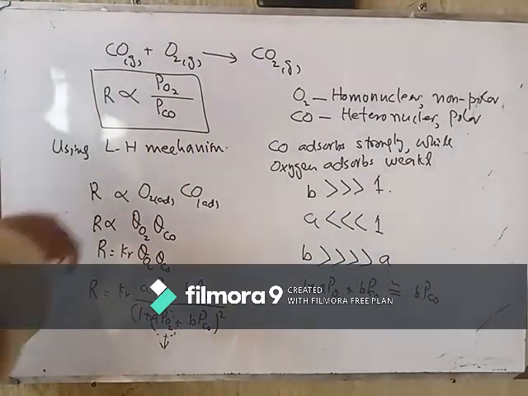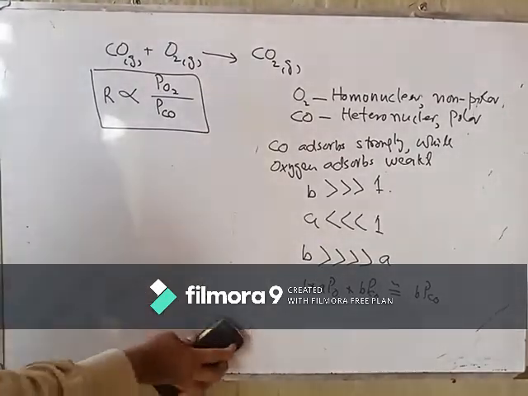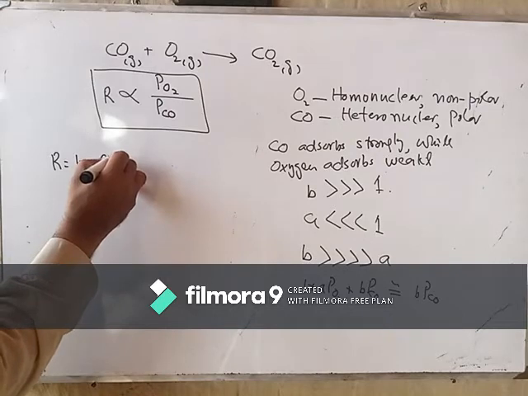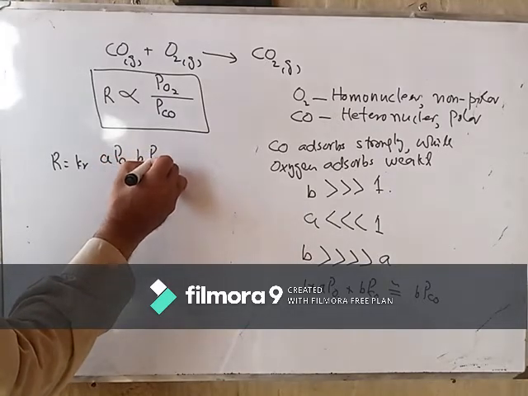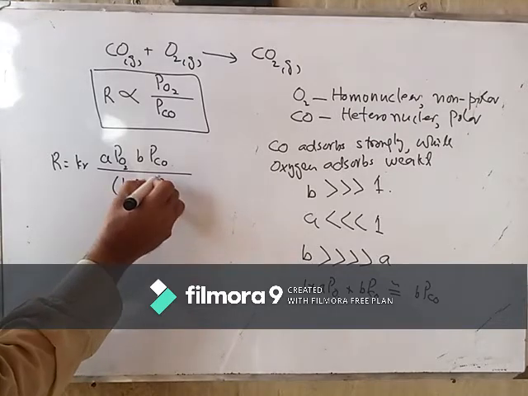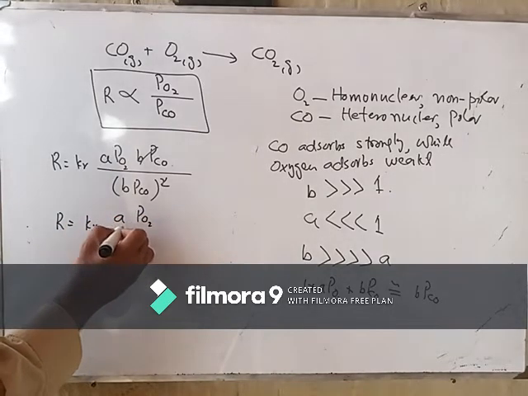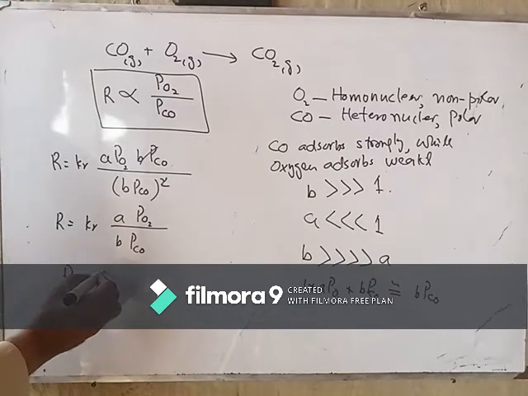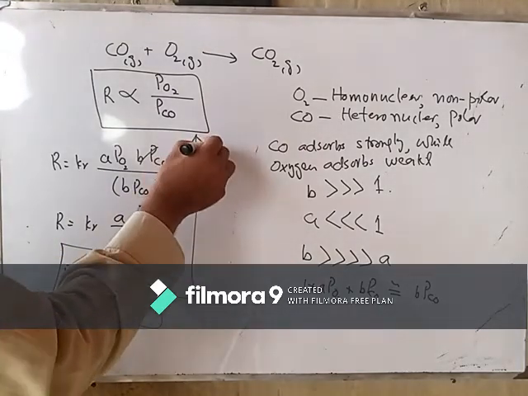अगर ये हम इसमें पुट कर लेते हैं, then we get rate is equal to Kr A P of O2 B P of CO divided by B P CO squared. तो ये एक इसमें से कट जाएगा, so rate is equal to Kr A P of O2 divided by P of CO. इन सारे कांस्टेंट को अगर हम निकाल दें, then rate is proportional to P of O2 over P of CO. This is the same equation.